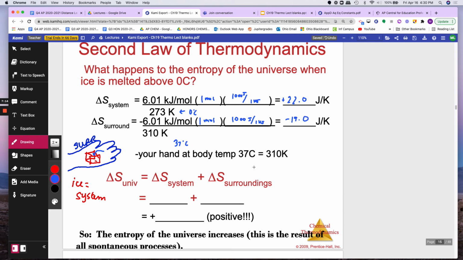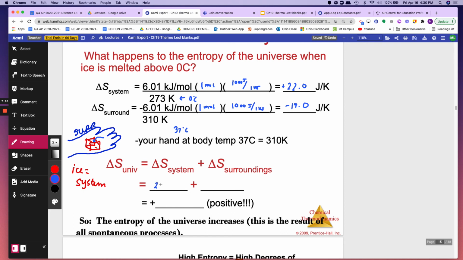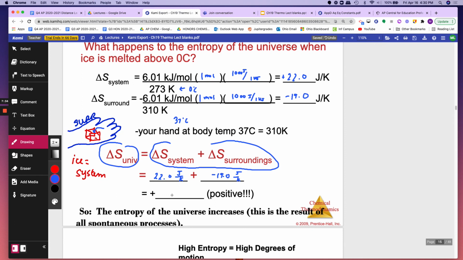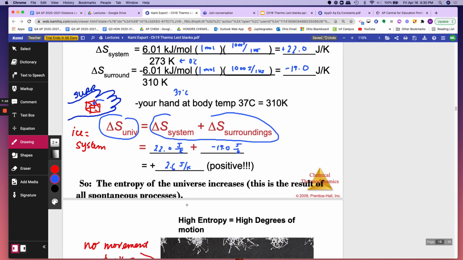So what I'm doing is I'm going to add the delta S of the system, which is 22.0 J over K, to the delta S of the surroundings, negative 19.0 J over K. When I combine the system and the surroundings, I'm going to get the entropy of the universe, and I'm going to get a positive entropy, 2.6 J over K. So what that means is, yes, when I'm melting ice, the entropy of the universe is increasing.